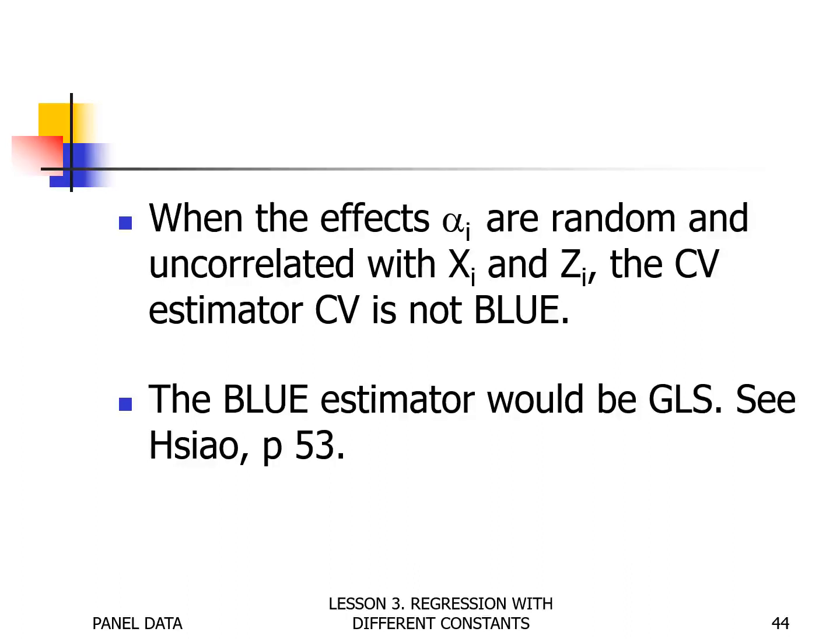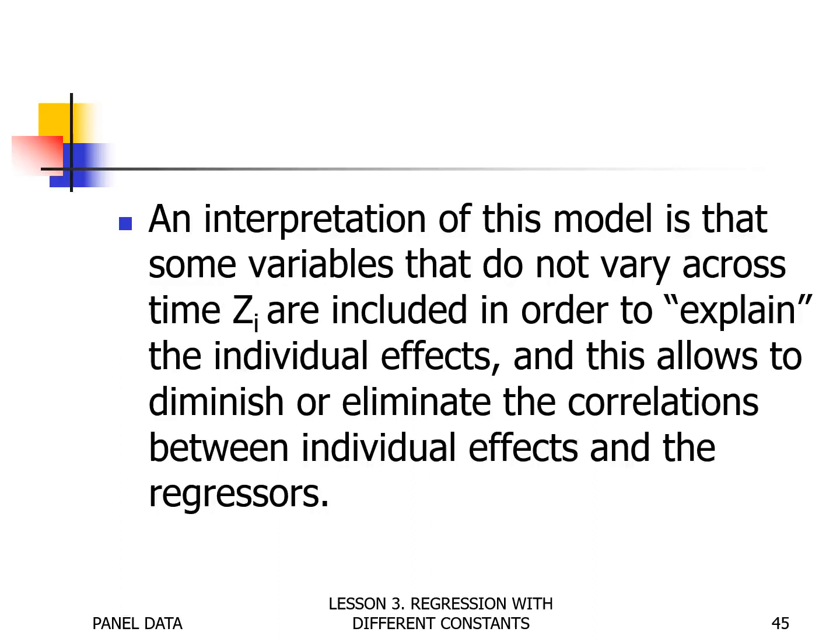So this goes for the previous case in which there are variables that do not change a long time, and in this case you can estimate them by covariance, but some of them are missing, or by generalized least squares, and that would be the best choice at this point.